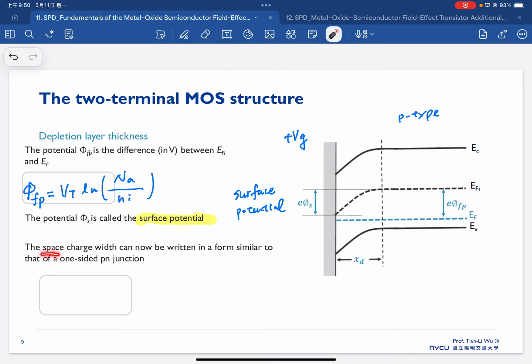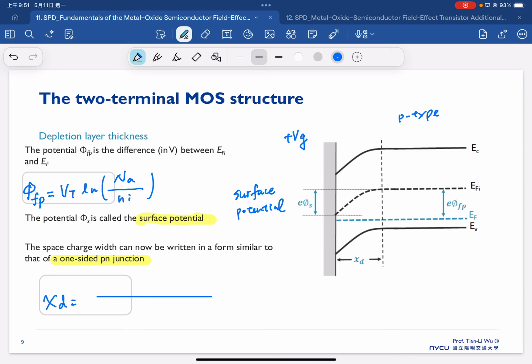Also, the space charge width can now be rewritten in a form similar to a one-sided p-n junction. So we can borrow the equation from the one-sided p-n junction and put it in here to estimate the space charge width, and therefore we have the result XD equals the square root of 2 epsilon_s phi_s over e Na.